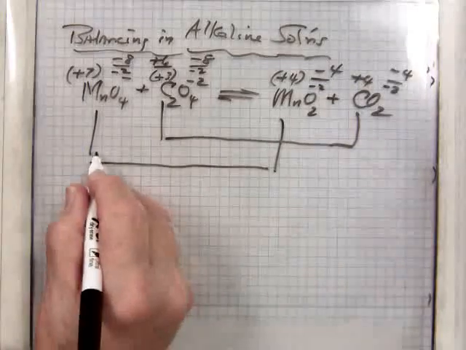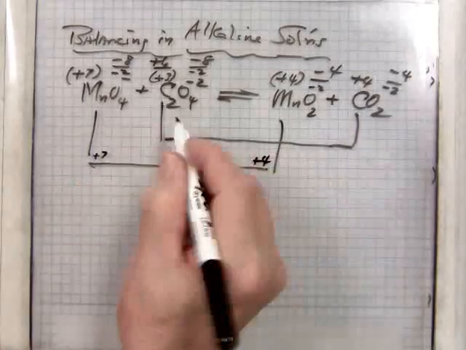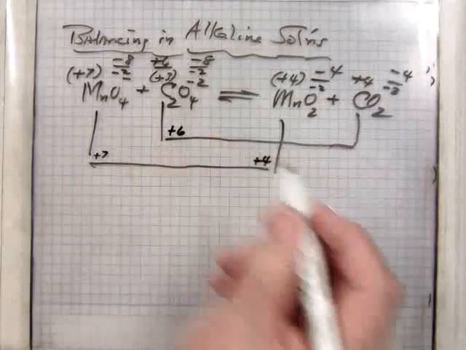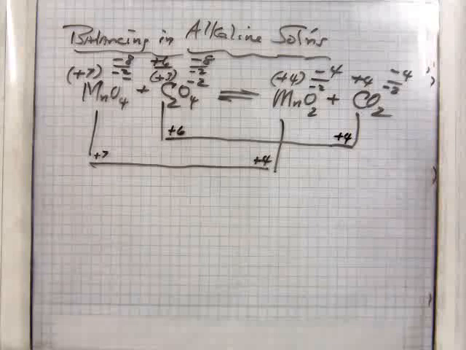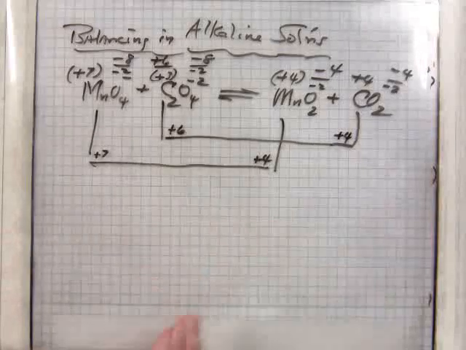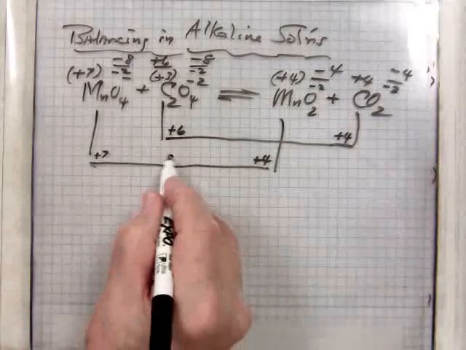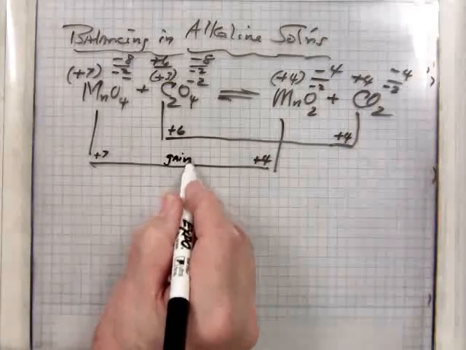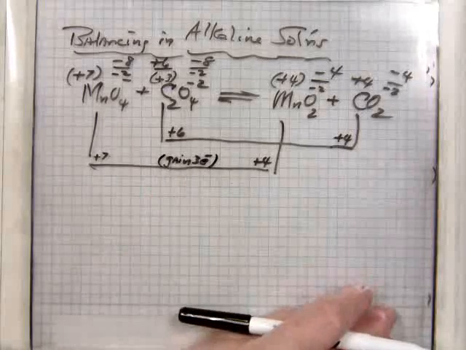So this is a +7 going to a +4 and a +6 going to a +4. So you want to be accurate in your bookkeeping. Now identify what's going on. So this looks like 4, 5, 6, 7. We gained 3 electrons, and so that's your reduction reaction.